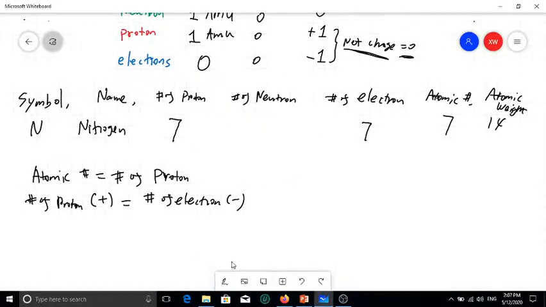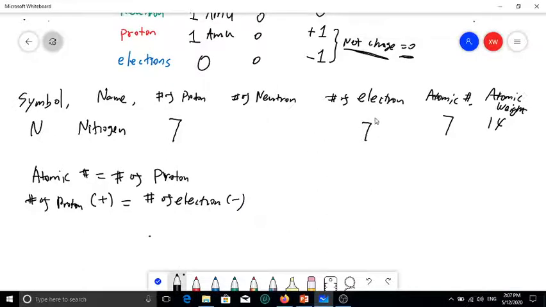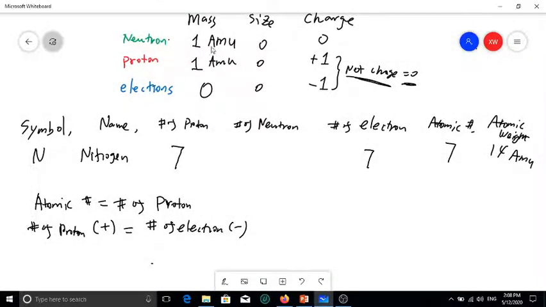Now one more. We already said that the electron contributes almost nothing to the atomic weight. Atomic weight is atomic mass. By the way, this 14 is in the unit of AMU again. So 14 AMU comes from the number of protons and number of neutrons. Keep in mind that each proton weighs 1 AMU, and each neutron weighs 1 AMU.